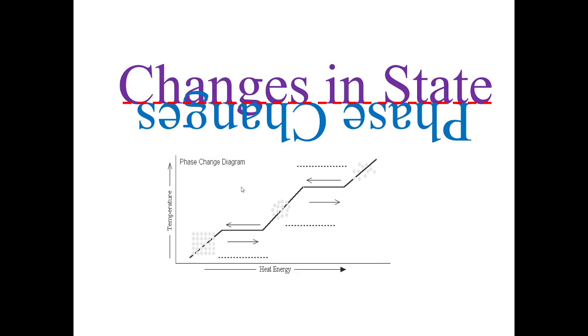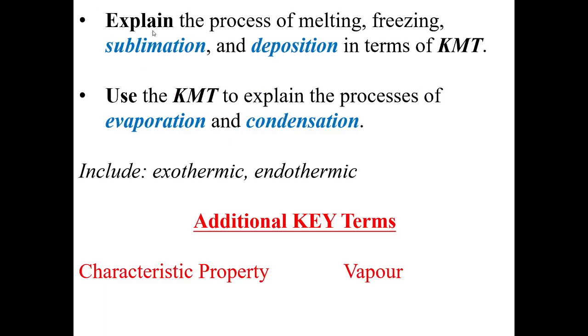By the end of today, you should be able to explain the process of melting, freezing, sublimation, and deposition in terms of kinetic molecular theory. Not as much sublimation and deposition, despite their bolding, but we will mention what those are.